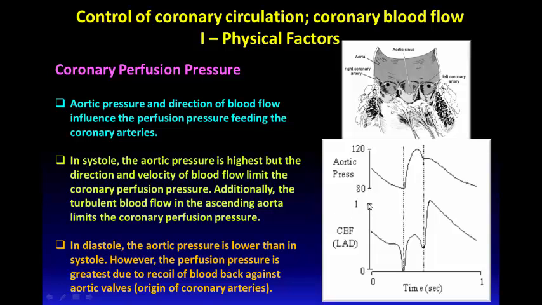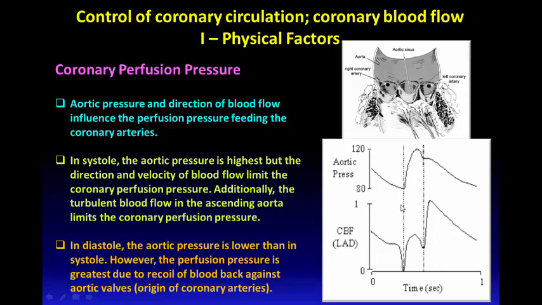This figure demonstrates coronary blood flow through the left anterior descending branch of the left coronary artery during the cardiac cycle, and also changes in the aortic pressure during the different phases of the cardiac cycle. So on the x-axis we have the time.